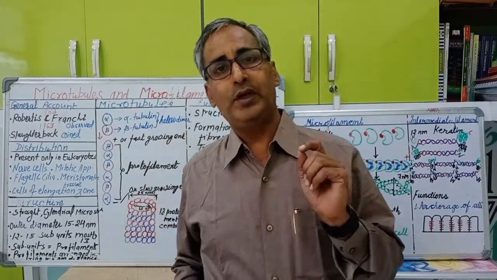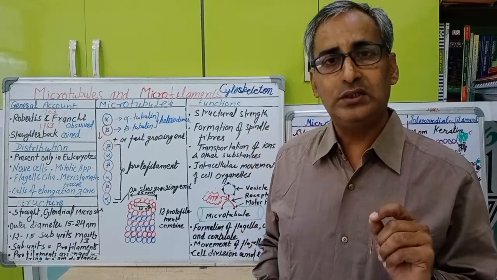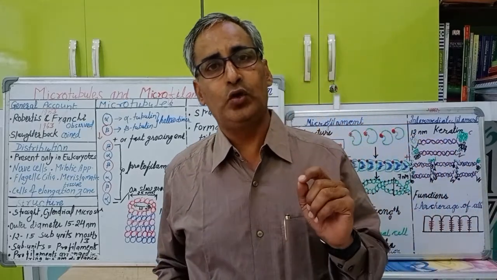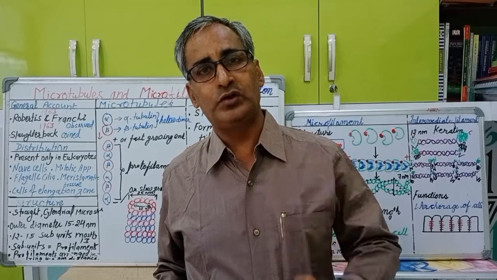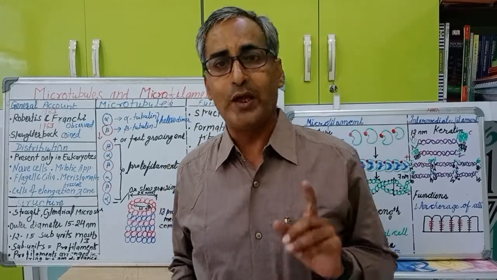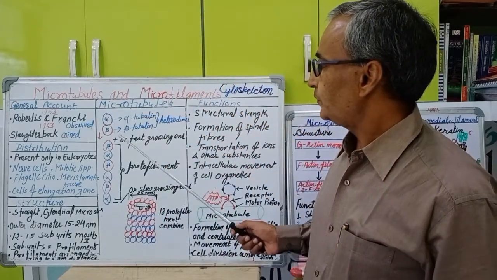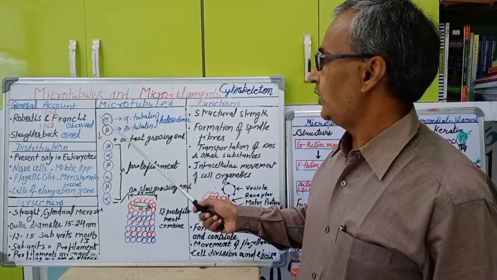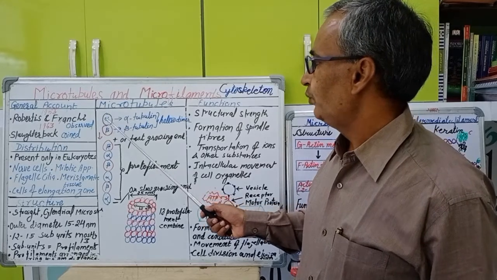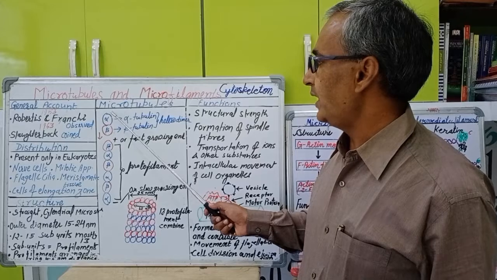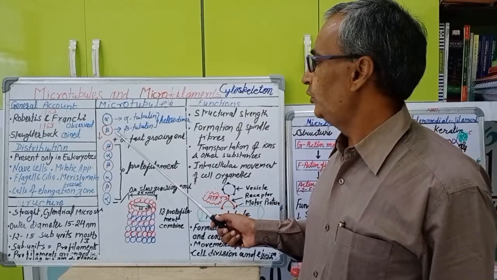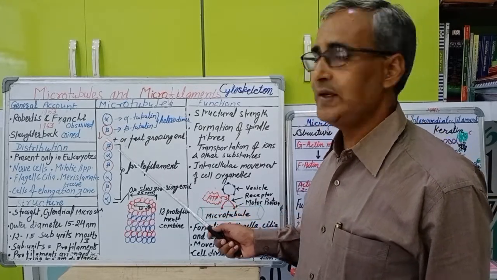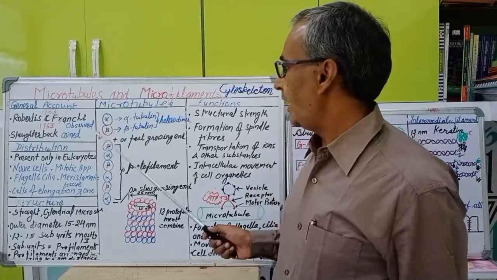Alpha and beta tubulins are proteins which, together with some microtubule associated proteins, form the protofilaments and the microtubules. So what is a heterodimer? A heterodimer is the structure formed by alpha and beta tubulin joined together as a dimer.